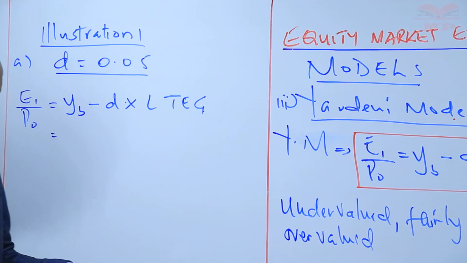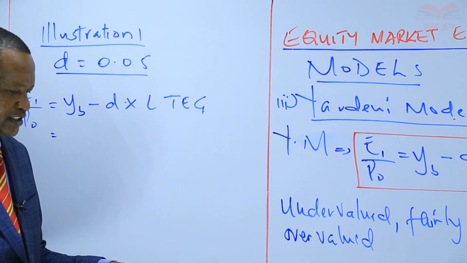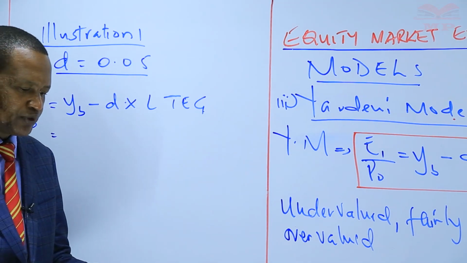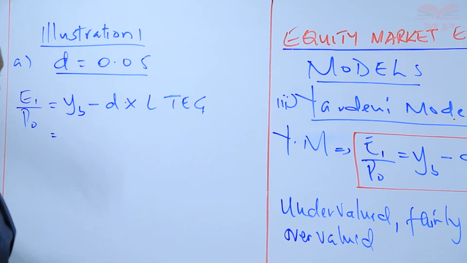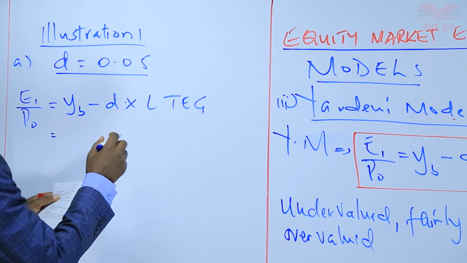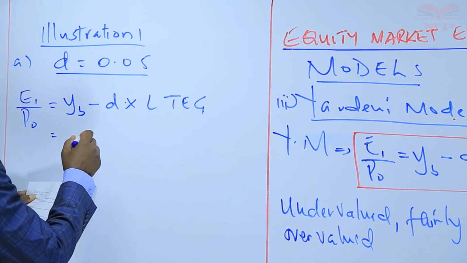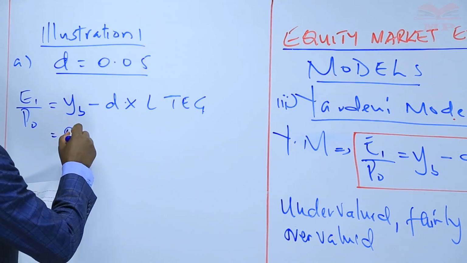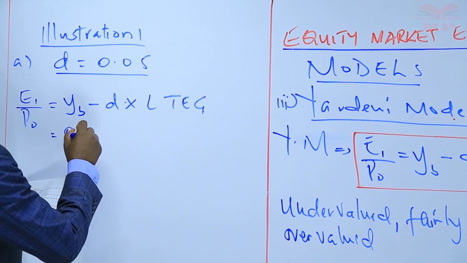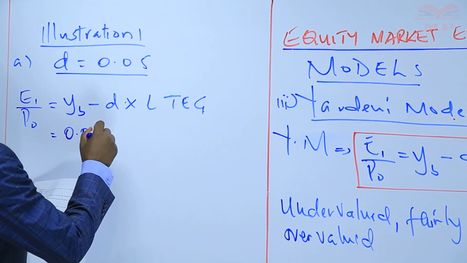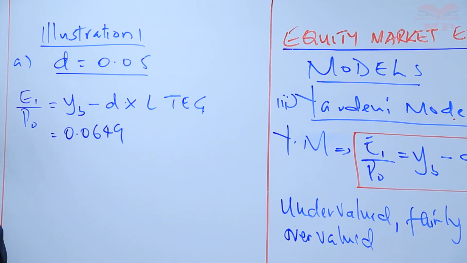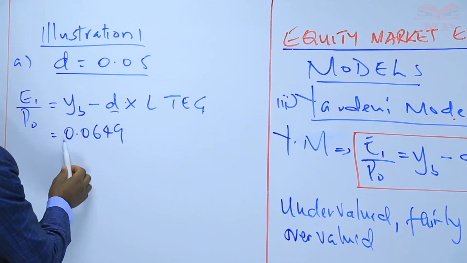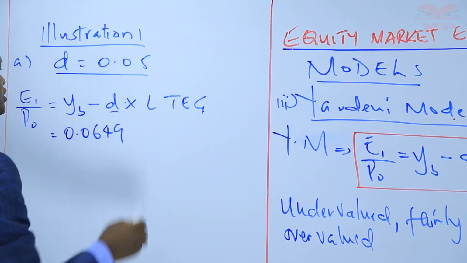YB, we have it. That is the corporate bond yield of 6.49%. 6.49% converted into decimal will be 0.0649. Then D, we have it here, candidates. We are calculating the earnings yield where D is 0.05.